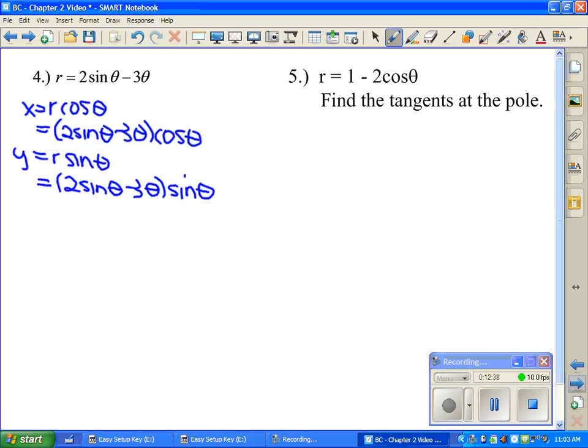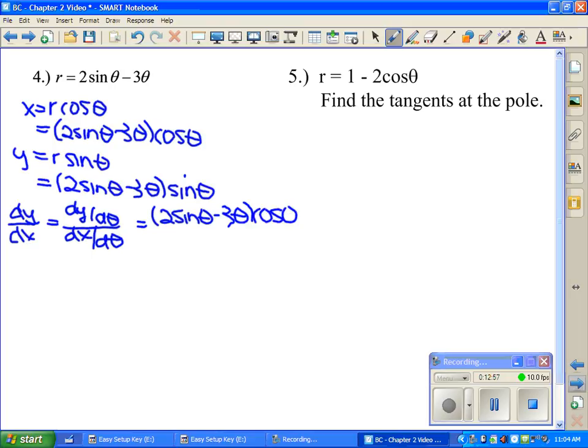So dy/dx was equal to dy/d theta over dx/d theta. So dy/d theta using product rule would be (2 sine theta minus 3 theta) cosine theta plus the second times the derivative of the first, which would be 2 cosine theta minus 3.